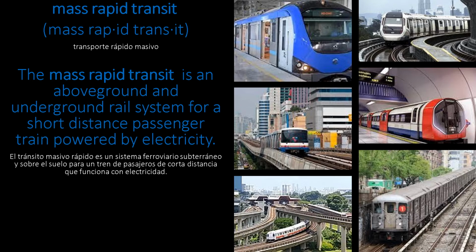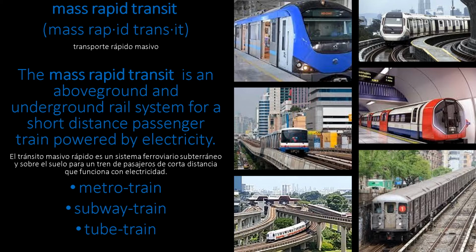The mass rapid transit is an above ground and underground rail system for a short distance passenger train powered by electricity. Examples include metro train, subway train, tube train.